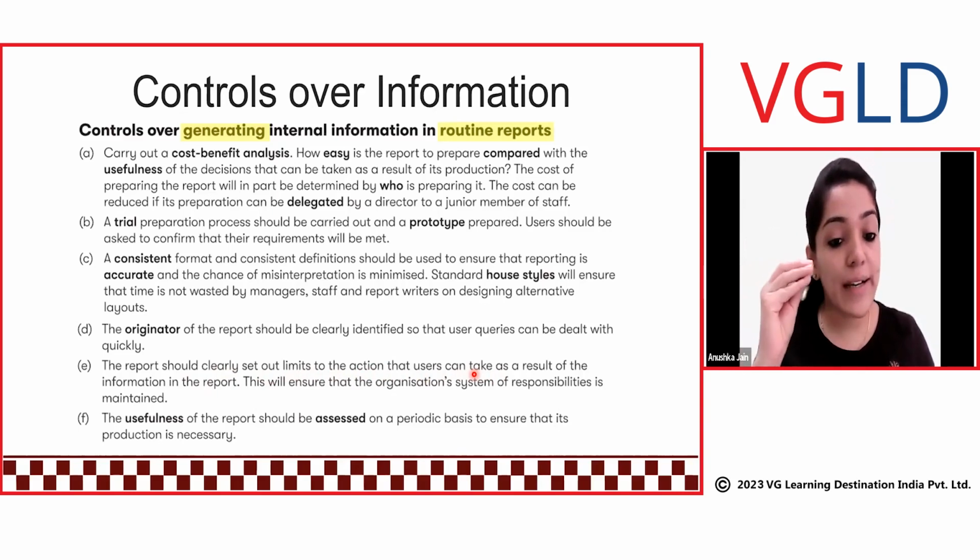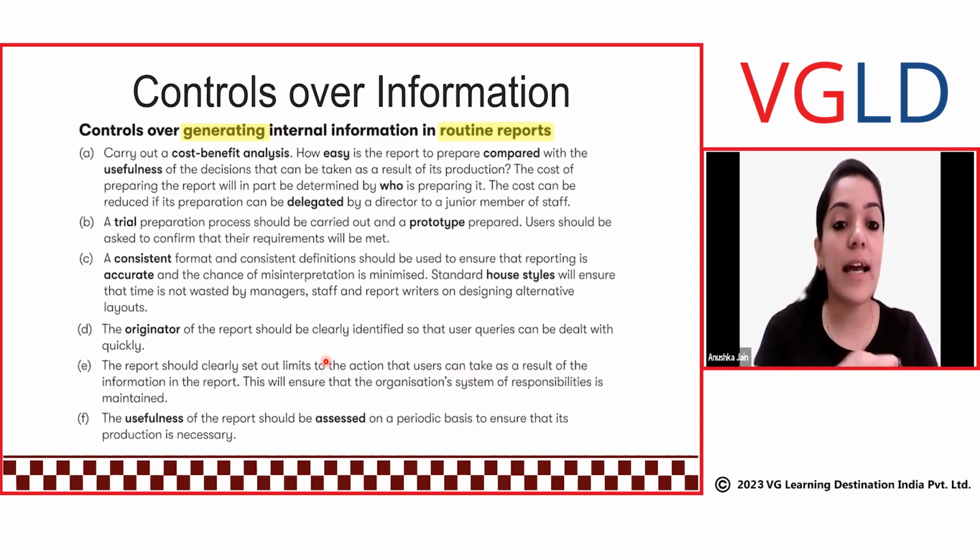It should clearly set out the limits to the action. Or maybe you can write not for further circulation. If I have sent a report to you, only you are the addressee. You will not start circulating it to your team or XYZ. So the report should clearly set out the limits to the action that users can take as a result of the information in the report.